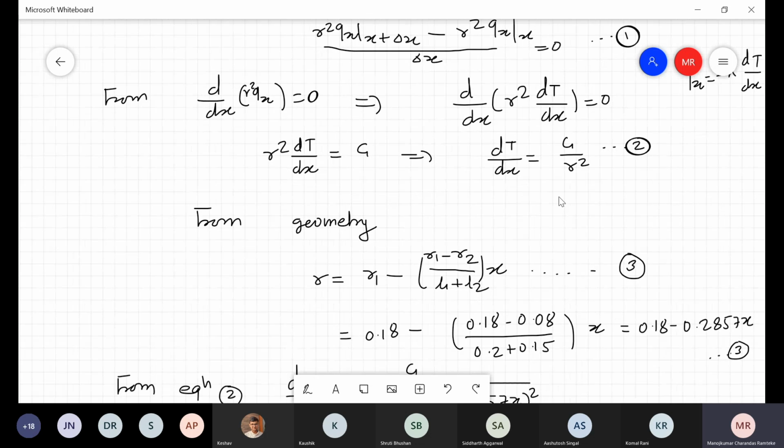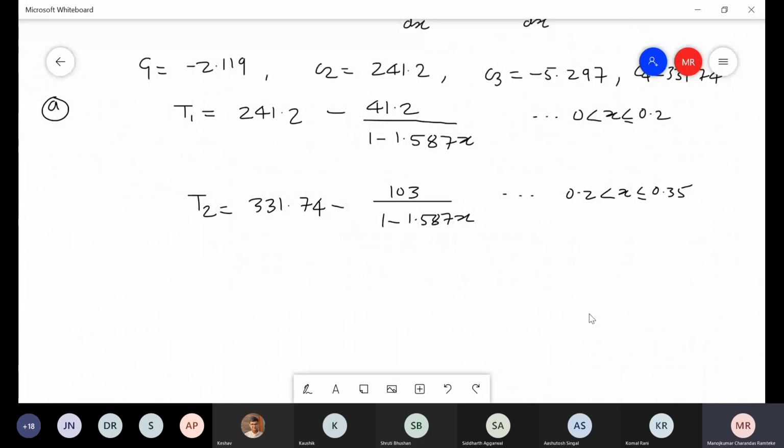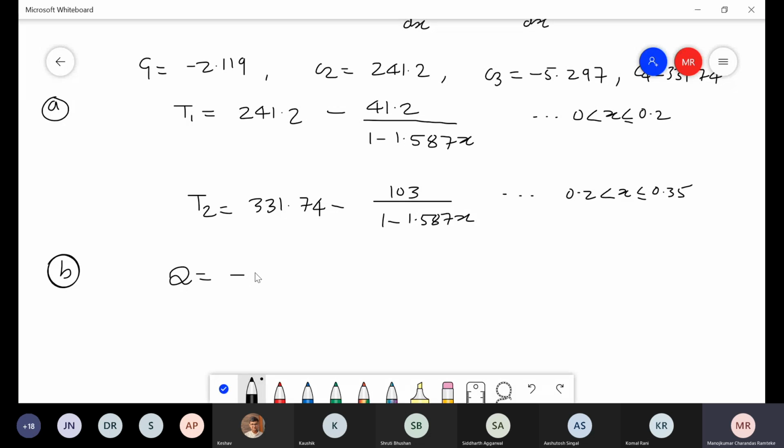Correct. So if I write down from equation number 2, in part B we can write this as pi k1c1. So this is not wrong, isn't it?